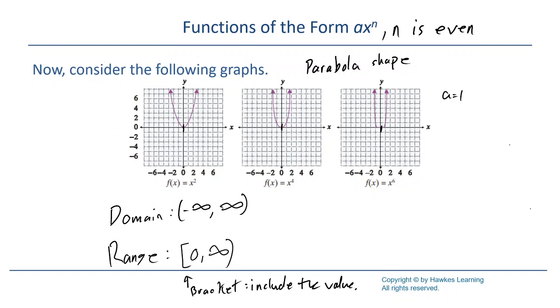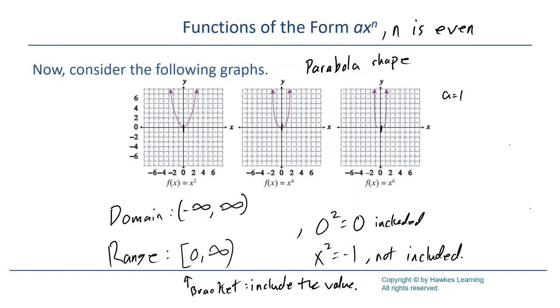In this case, I could say this because what do I need to get 0? If I square 0, I get 0, so it's included. But if I try to get x squared equal to negative 1, you get imaginary numbers, so that's not included. So bracket means include, parentheses means exclude.